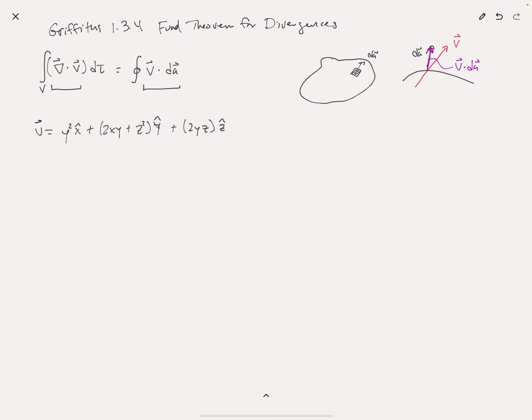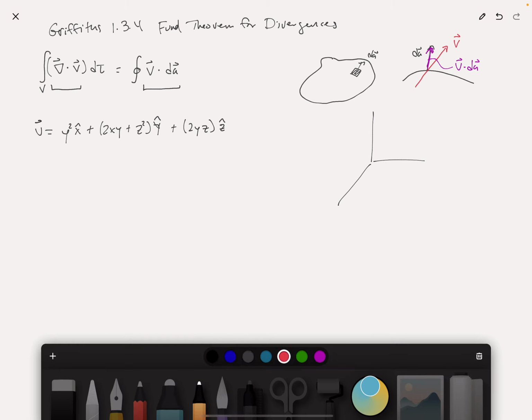I want to test this for some volume that is bounded by some area. The simplest thing to do is to pick something you know the functional form for, so we're going to pick a cube. That's going to be the easiest. There's my cube, with side length 1. This is x, y, and z, and all sides have length 1.